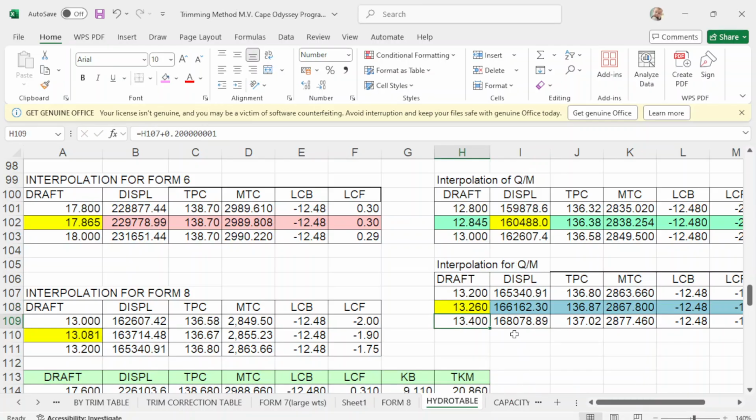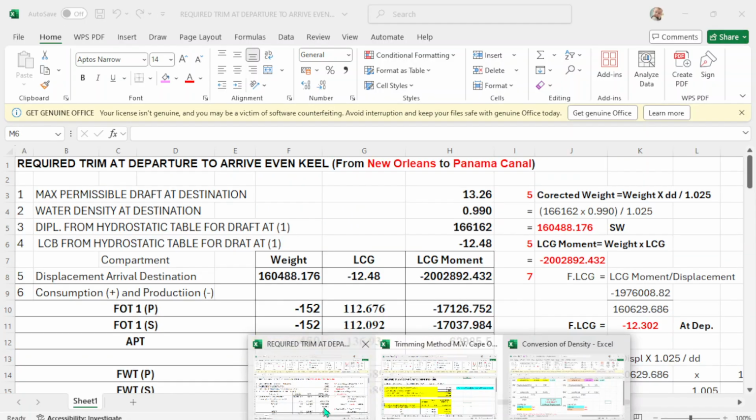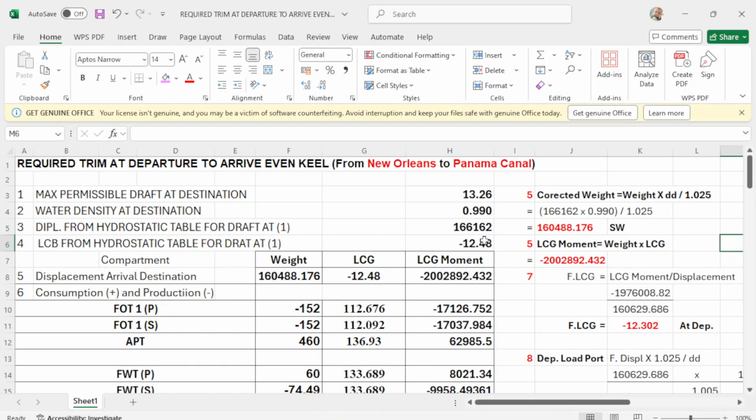That will be 166162. Okay, 166162. That is also the same here in my Excel, I got there 166162. And number 4, what is the LCB?